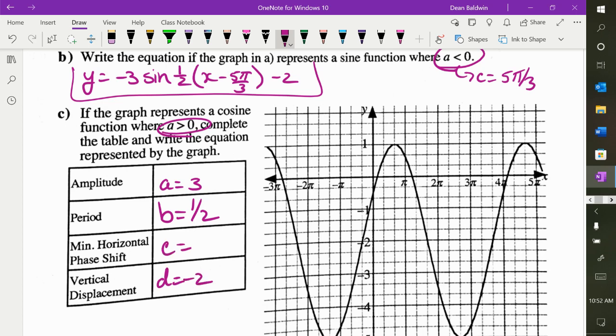But for cosine graphs, it's straightforward. If your a value is positive, you're looking for the closest max to the origin. So closest max is right there. It's 2 units to the right, so it's 2 pi over 3.